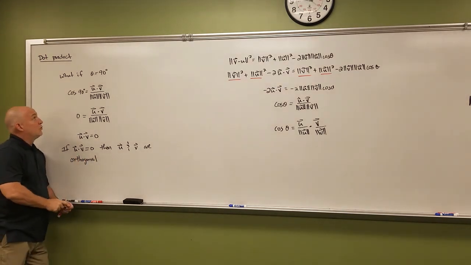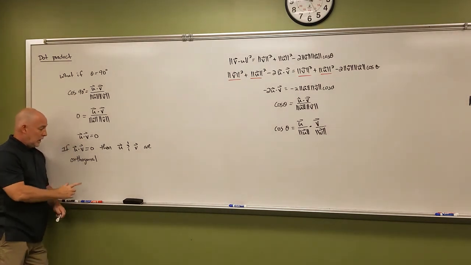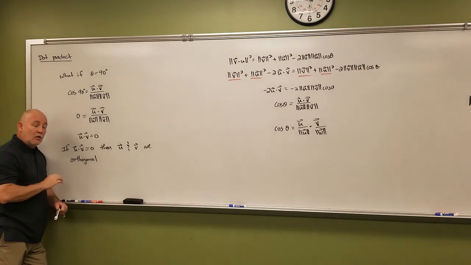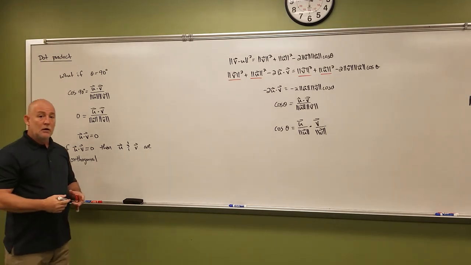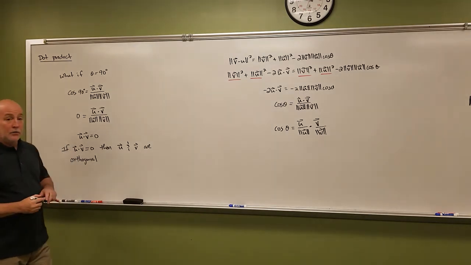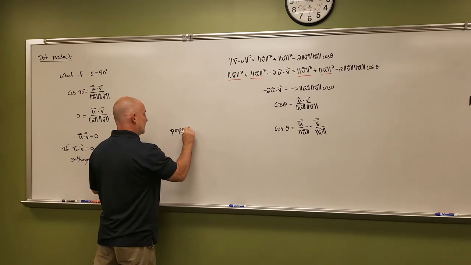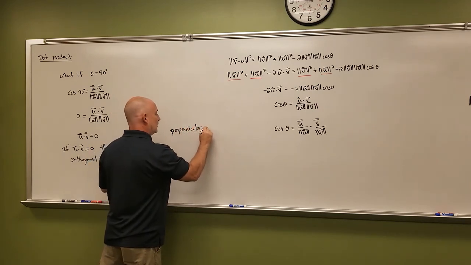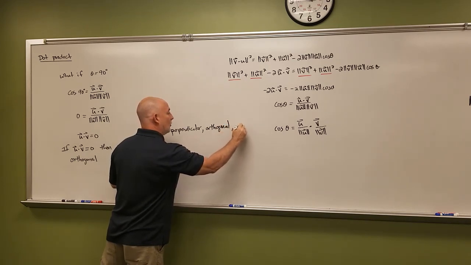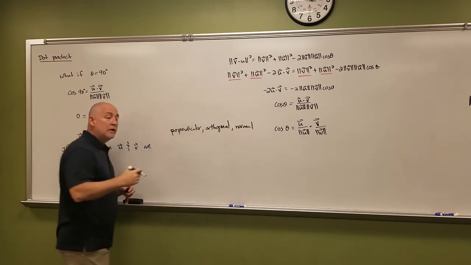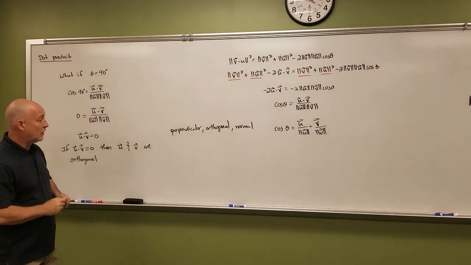Now, since the angle between them is 90 degrees, most of the time we use the word perpendicular. We're going to have three words that almost mean exactly the same thing in this course. Perpendicular, orthogonal, and normal. So these three words, perpendicular, orthogonal, and normal, all mean really, really close to the same thing, and are almost interchangeable, and sometimes they are.